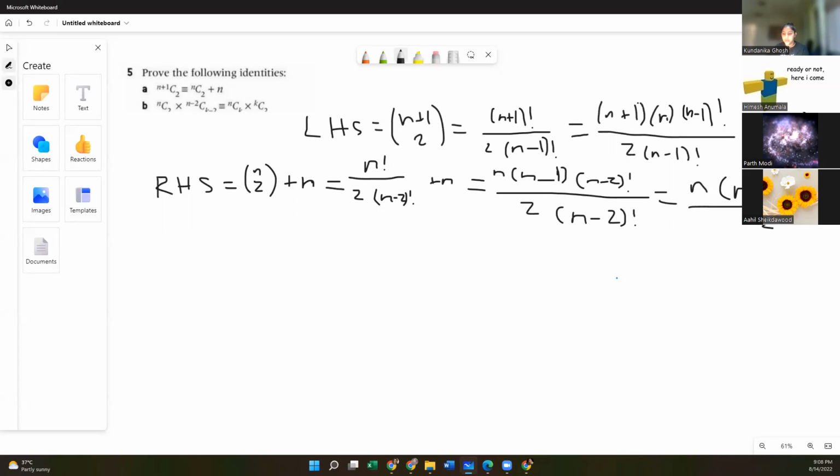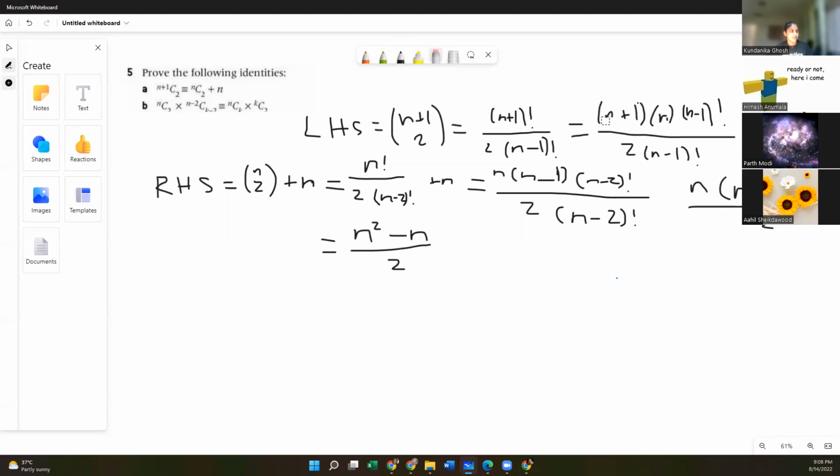Now, this isn't quite equal yet. So we're just going to re-expand the n times n minus 1, okay? So when we do that, we get n squared minus n over 2. Oh, I know what's wrong, because I forgot to add the plus n.